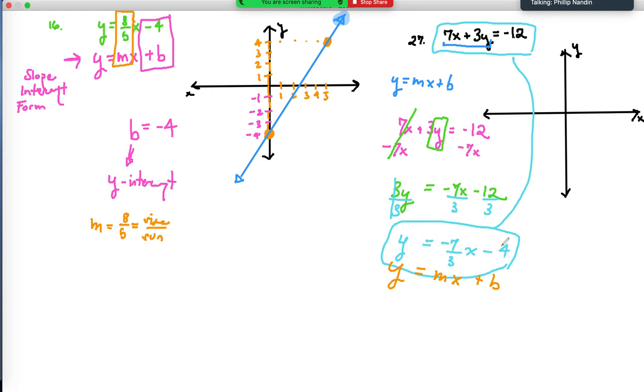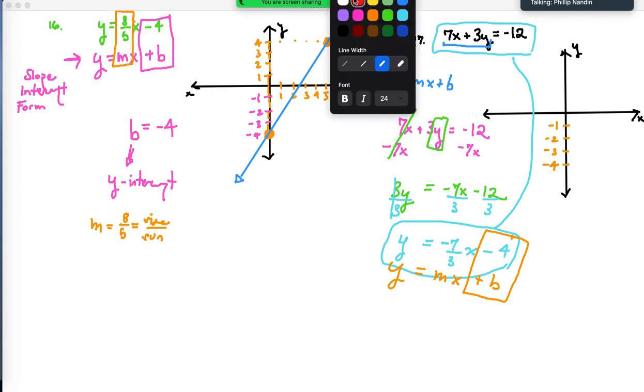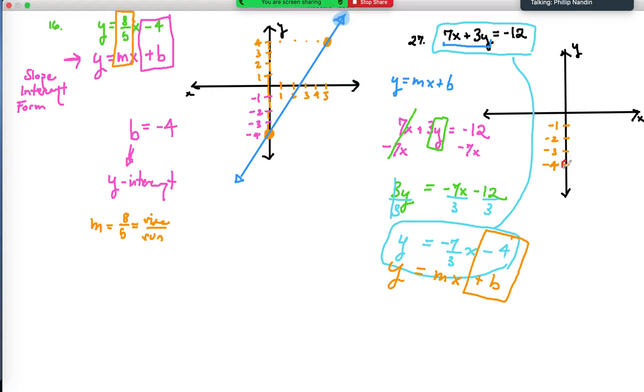So b, the y-intercept, where it intersects the y-axis, is negative 4 again, like in the last problem, but this is slightly different. We'll see how. Negative 2, negative 3, negative 4. And I start off at this point right here.